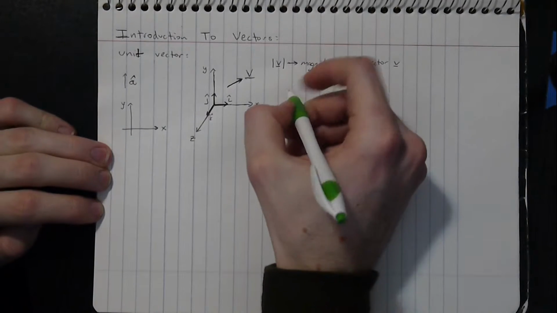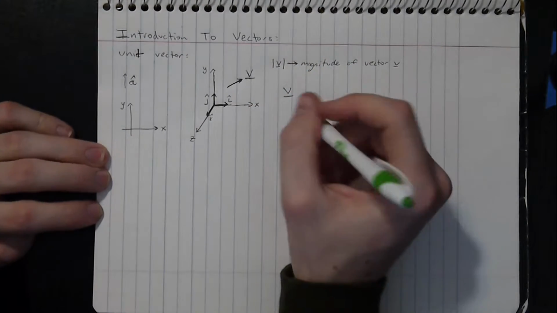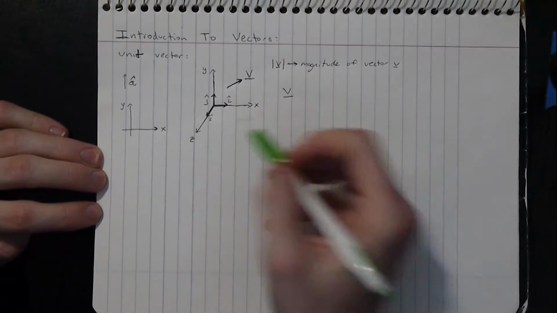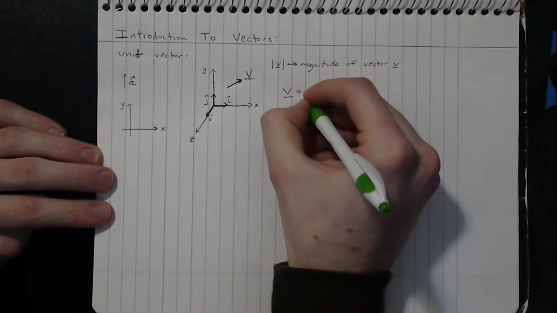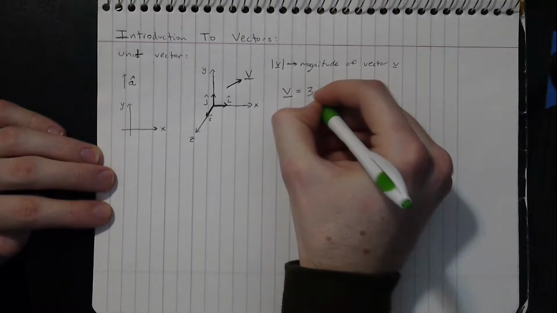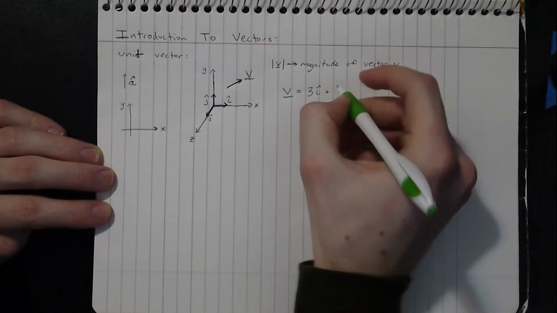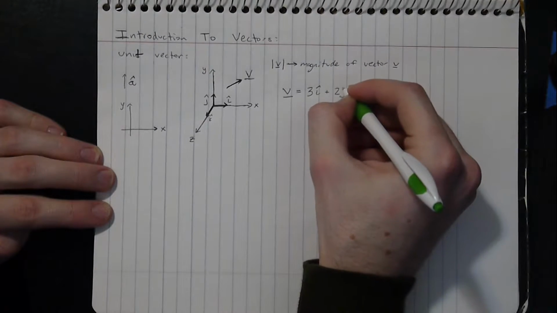So vector v can be defined in terms of these 3 unit vectors. So let's say vector v is equal to 3i plus 2j.